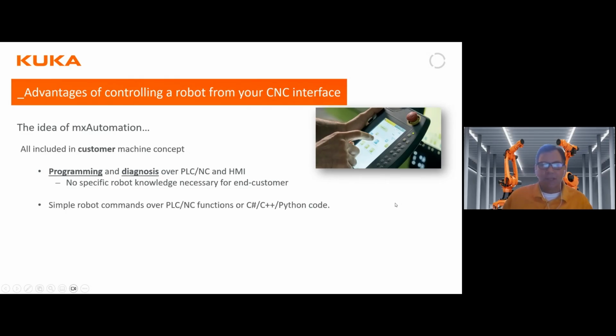All the simple robot commands are done over the PLC NC functions through libraries, or if you want to program with a high-level language, C#, C++, and Python code is also available. All the robot path planning and all the robot safety is still done within the robot control, but all the programming is done remotely.